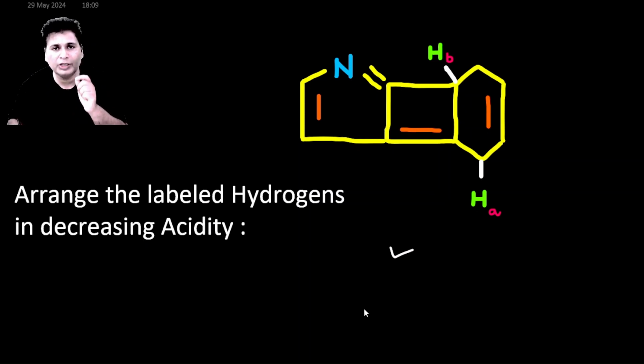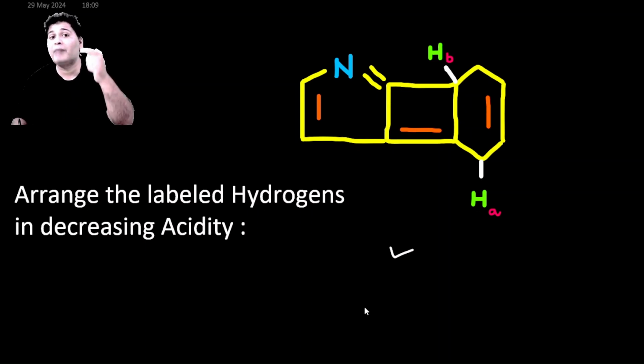In order to judge the acidity of a hydrogen, you have to take that hydrogen out as H plus. As you do that, the atom to which it was attached will now get a minus charge. So a conjugate base, an anion, will be formed, and your task will be to see the stability of that conjugate base, that anion.